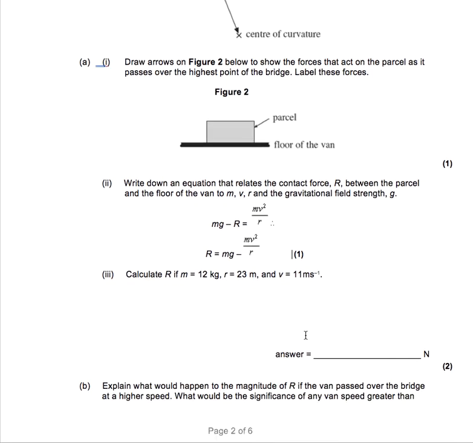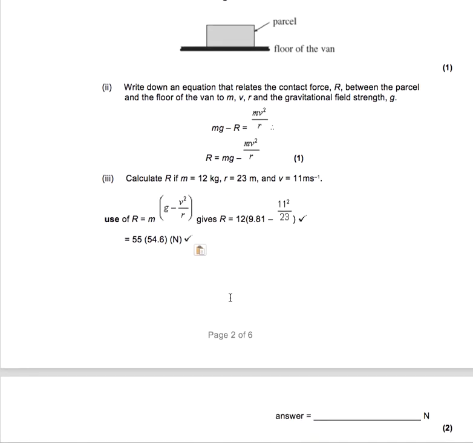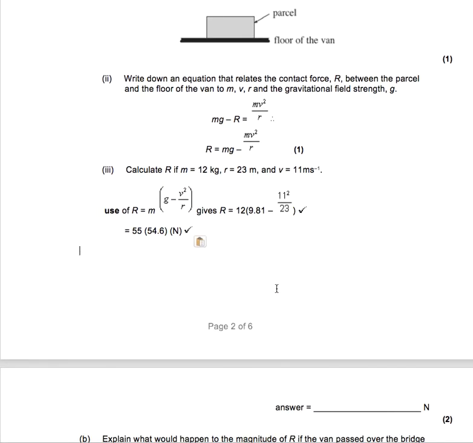Then it says calculate R if m equals 12 kilos, r equals 23 meters, and v equals 11. Well, sticking in your figures there, you'll end up with 55 or 54.6 newtons.